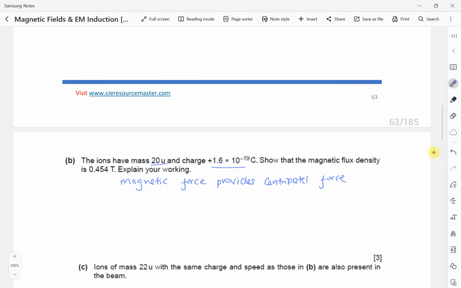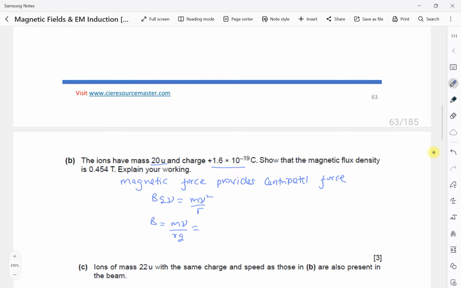Because the magnetic force provides centripetal force, I'll just equate BQV to mv squared over r. Therefore, B is going to be equal to mv divided by rq.